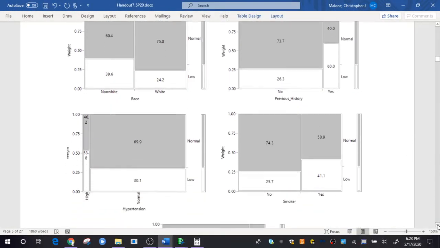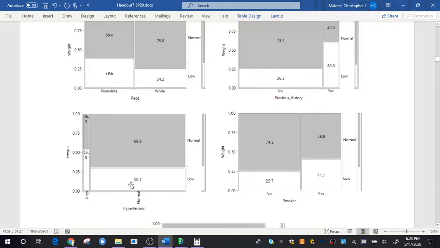All right, let's get back to comparing whether or not I have good predictors. Hypertension, it's slightly bigger here for the high hypertension. Smokers is somewhat predictive. For my smokers, they do have an increased chance of a low birth weight baby.